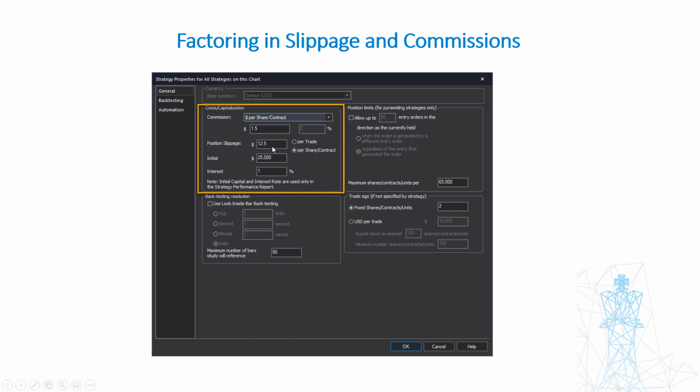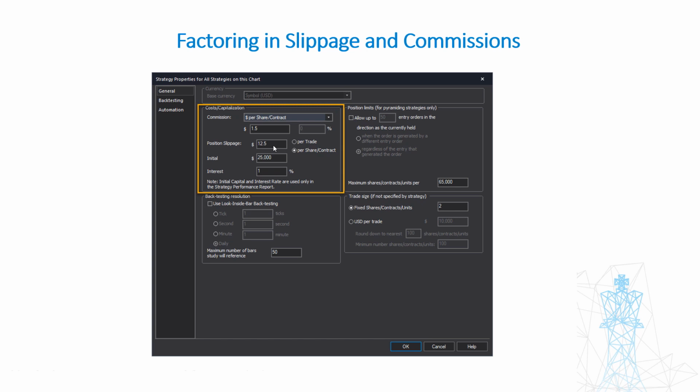And then I'm factoring in even a higher amount, $12.50 per contract for slippage. Now the point value on the E-mini is $50 and it trades in 25-cent increments. So a 1 tick move in the E-mini is $12.50. Times 2 contracts would be $25 per trade. So I am factoring in $25 per trade in slippage in the performance that we just looked at.